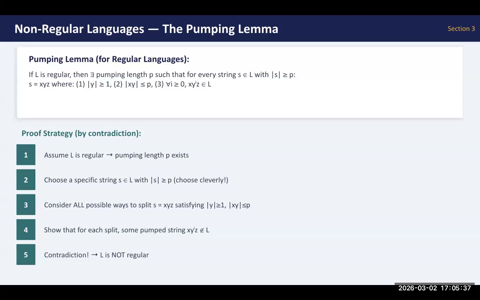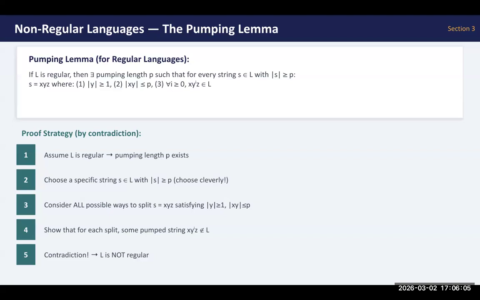Choose a specific string S in L where the length of S is greater than or equal to P. Here you have to make sure that you choose cleverly. Consider all possible ways to split S equal to XYZ. And then show that for each split, there exists some pump string that contradicts the rules, then L is not regular.